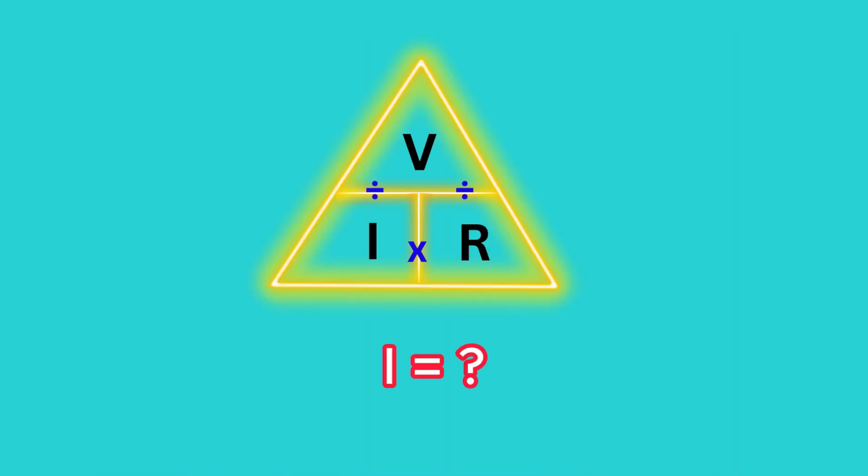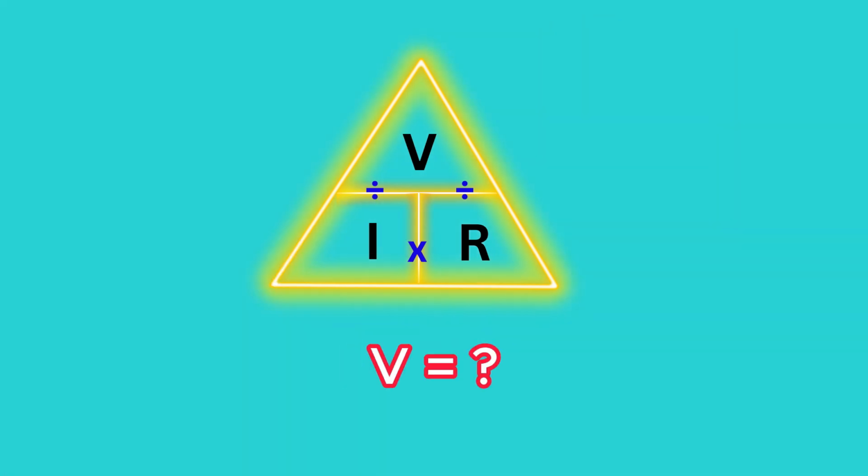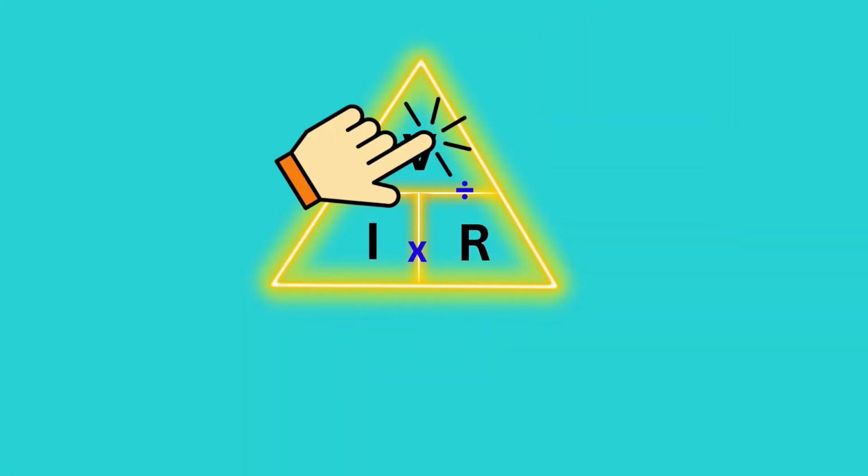Need to find current? Cover I on the triangle and you get V over R. Want to calculate voltage? Cover V and you have I times R.